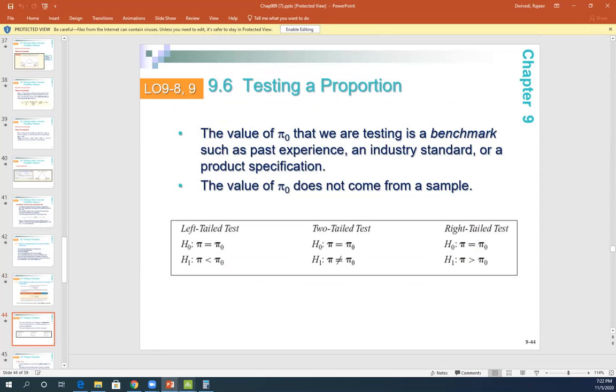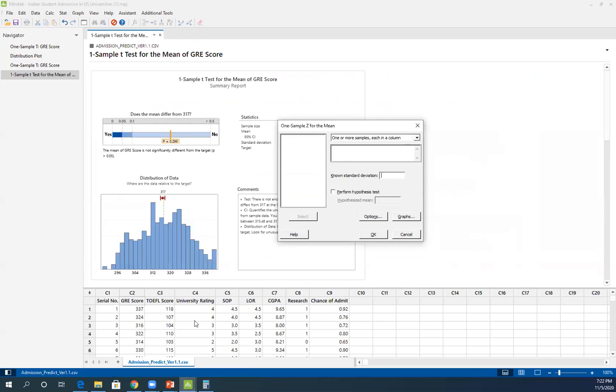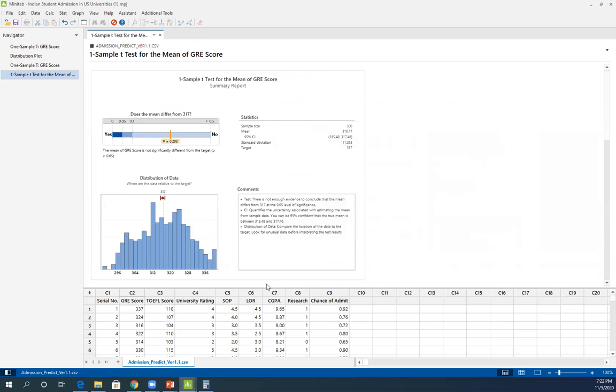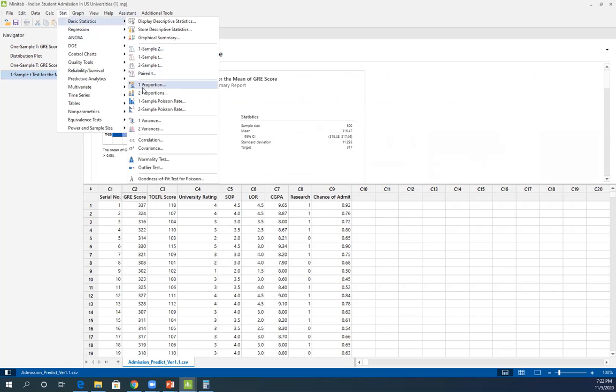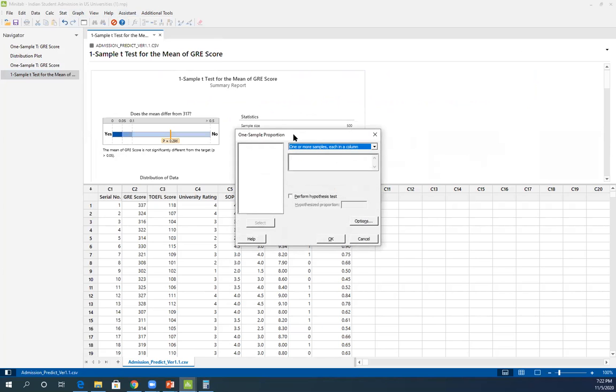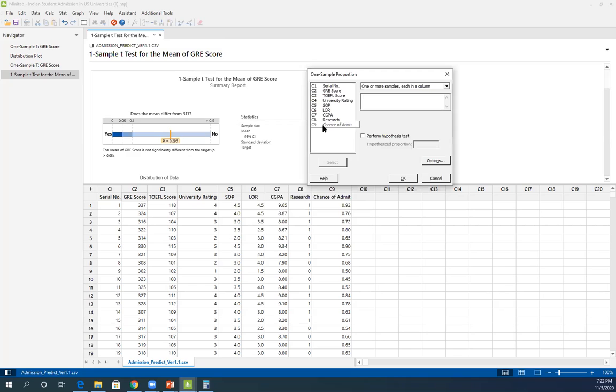So I'm just going to demonstrate one example here. Let's say I have this data. I'm going to basic statistics, one sample proportion. I have, which is the only research because this is a proportion thing. I'm just going to use the research part, perform hypothesized proportion.